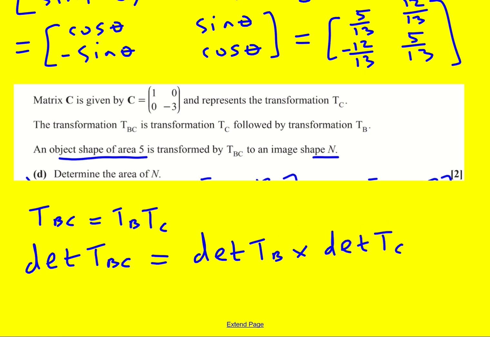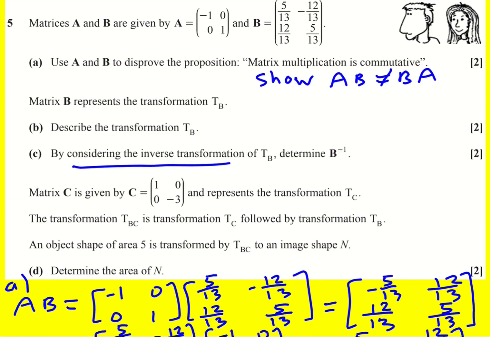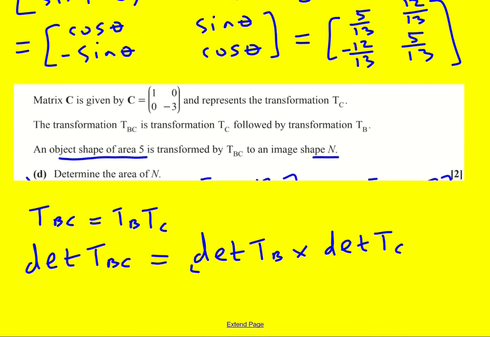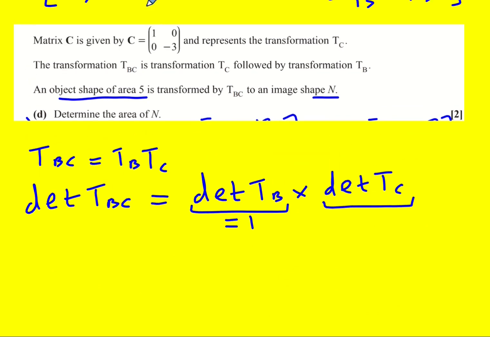And that is really useful because TB was a rotation, remember. So this does not change the area, and I don't even need to check. This will equal 1. You can check if you want. It won't take long. But that will equal 1. Well, this thing here, it's just 1 times minus 3. So it's minus 3.